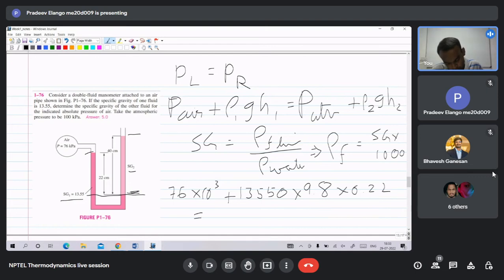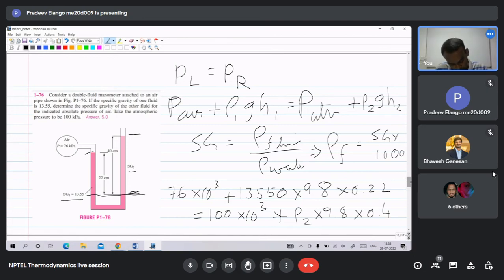This should be equal to atmospheric pressure, which is given to be 100 kilopascals, plus we have rho 2, which we can find, and g is 9.8, and the height of the column is 0.4 meters.